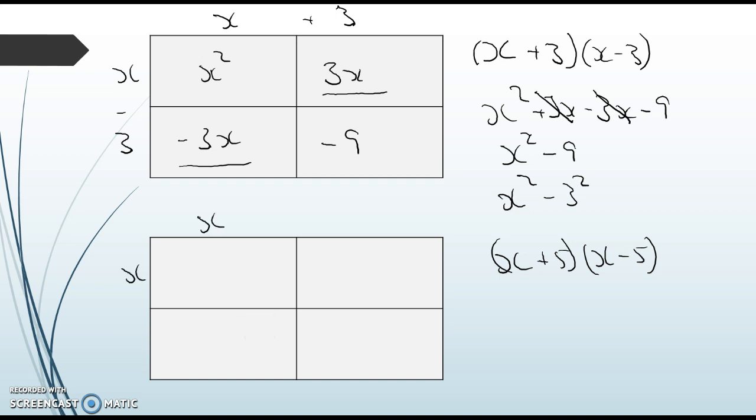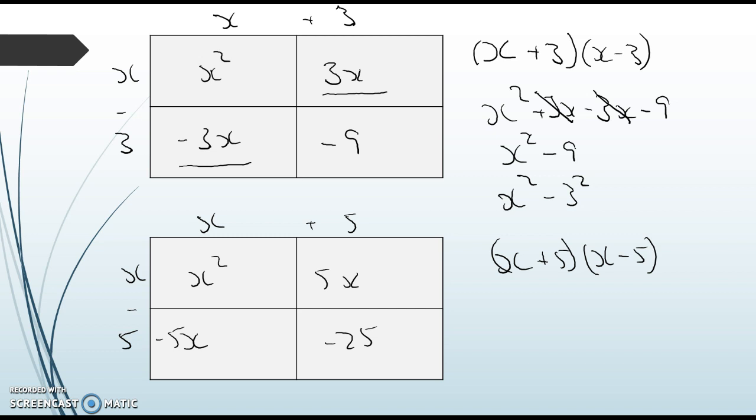Put our x's in, plus 5, minus 5. x squared, 5x, x, negative 5x, and negative 25.